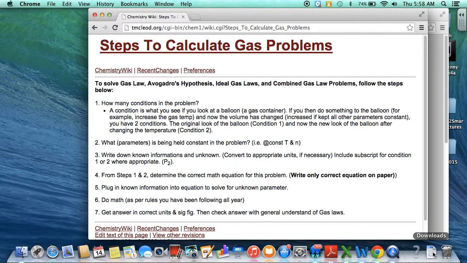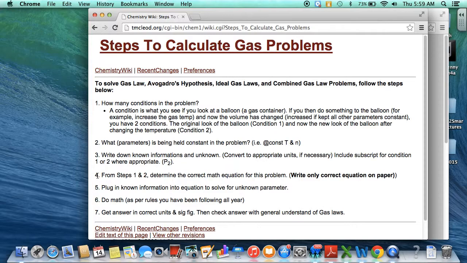Now, looking at steps 3 and 4, step 3 says define your variables, and step 4 says get the right equation with x, the variable you're looking for, on one side and all other variables on the other side. It really doesn't make a difference which one you do first, but you need both of them before you go to the rest, steps 5, 6, and 7.